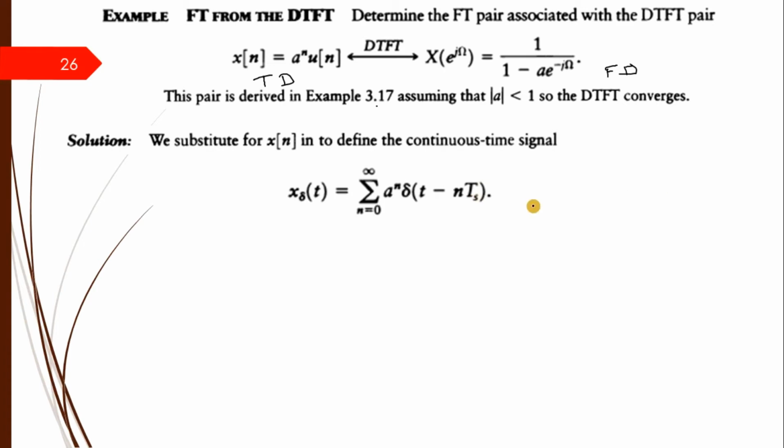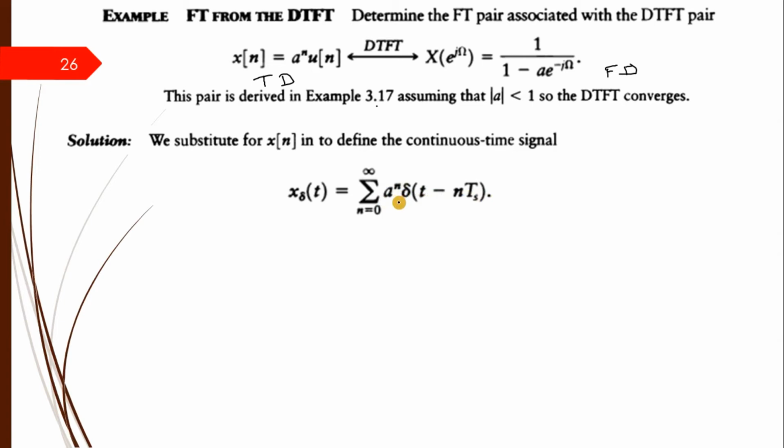At every Ts amount of time, the samples are taken. Summation n is equal to 0 till infinity, a raised to n is the given signal. So this summation means that at n equal to 0, it is delta of t. Delta of t is non-zero only at t equal to 0. So at the origin, whatever a raised to n value is there, that component is extracted.